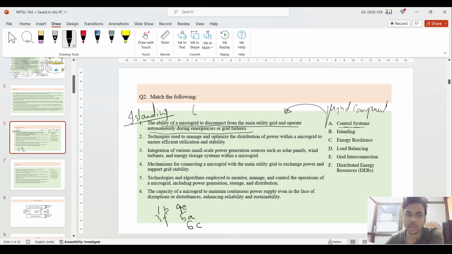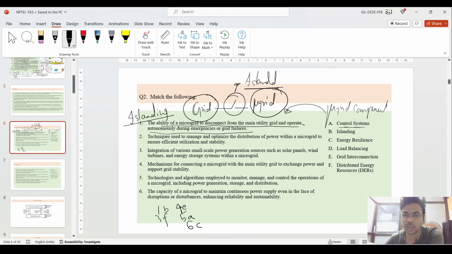I have told you that the main utility grid connected to this microgrid is the normal operation, where the utility grid is connected to the microgrid with the point of common coupling, and this microgrid can also act in islanded mode, not in grid connected mode. So first of B is matching, this first option is correct.